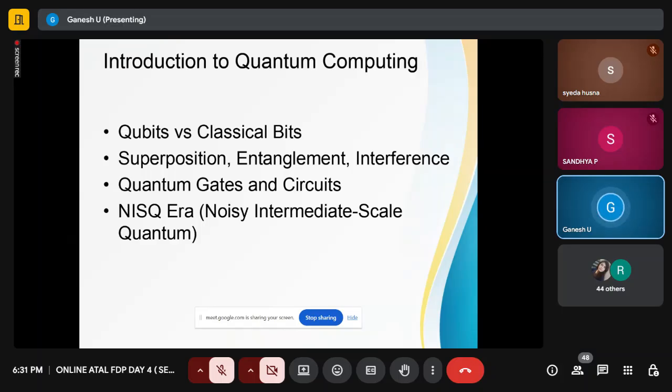What is meant by intermediate scale? Intermediate scale refers to around 50 qubits, too large for classical simulation, but not enough for fully fault-tolerant quantum computing. Here, a qubit is not like a general bit, which is either 0 or 1, with only one possibility.